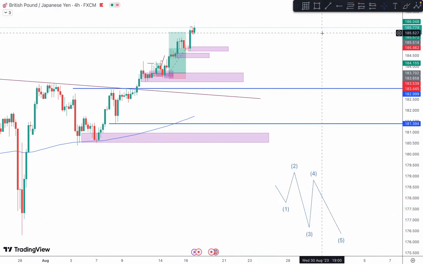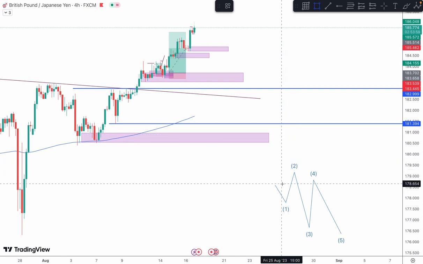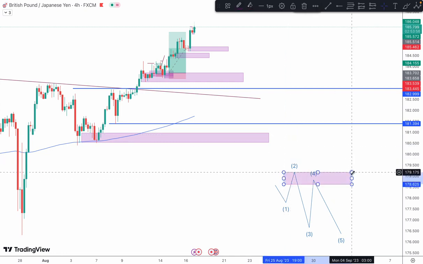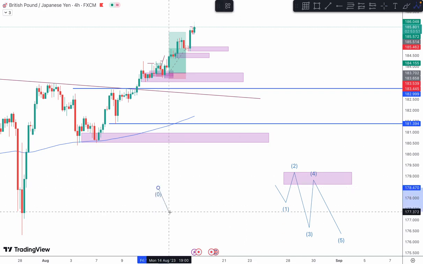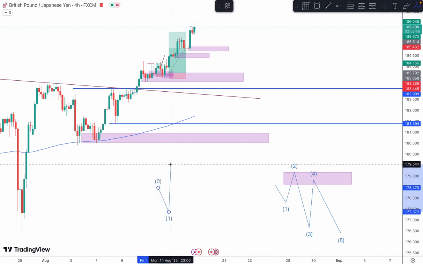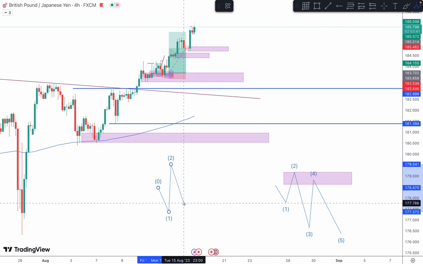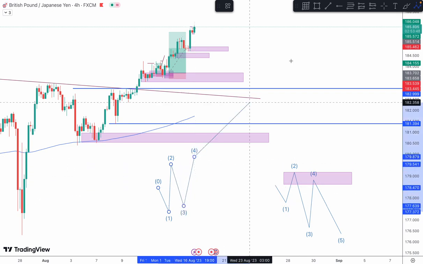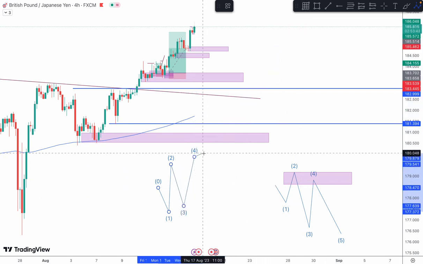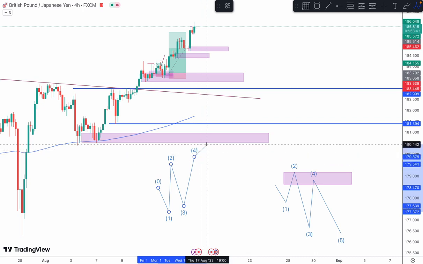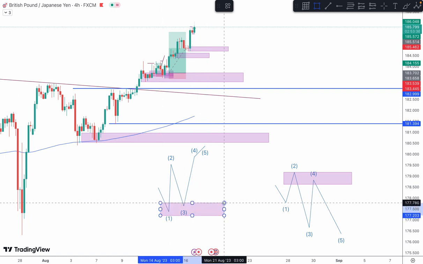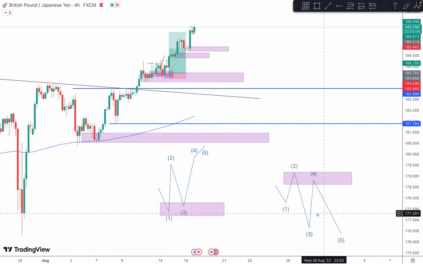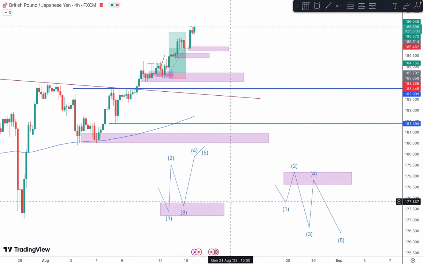This is all you need to know. Forget everything. Simple as that. Break of structure, bullish trade, bearish trade.